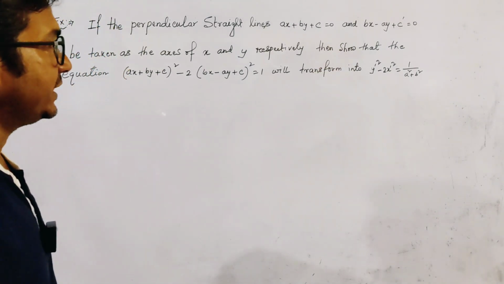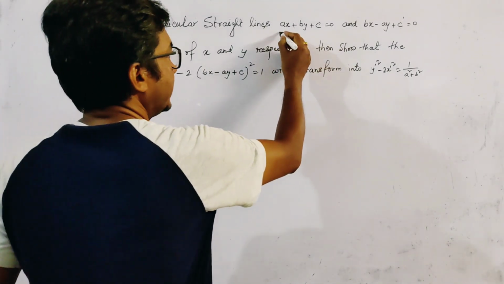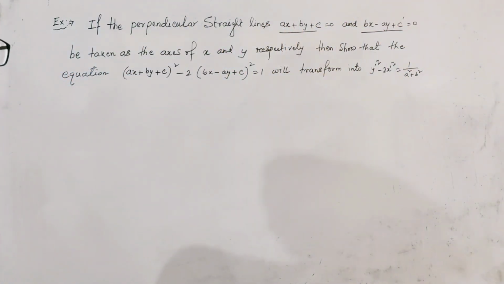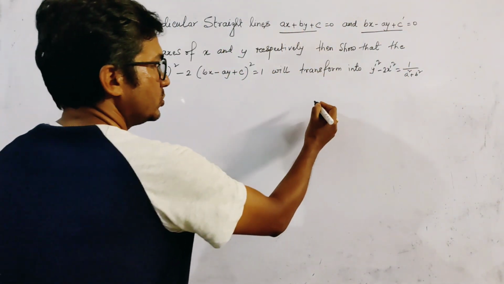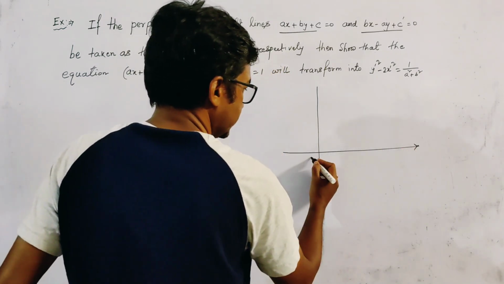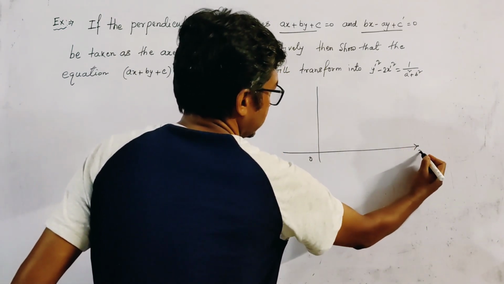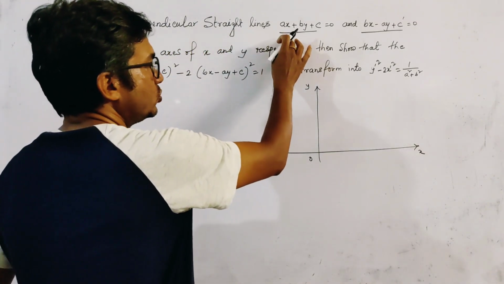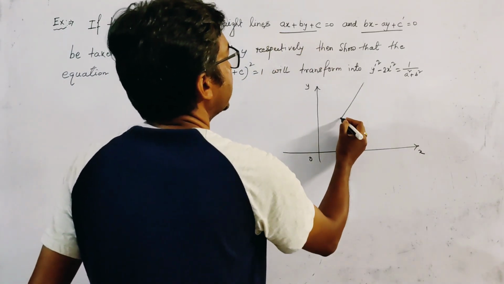Okay, that is, here it says that these are the new axes of coordinates. Now we try to draw a rough sketch of the old axes. This is ox and oy, and let these two straight lines, which are obviously perpendicular, be like this and this.